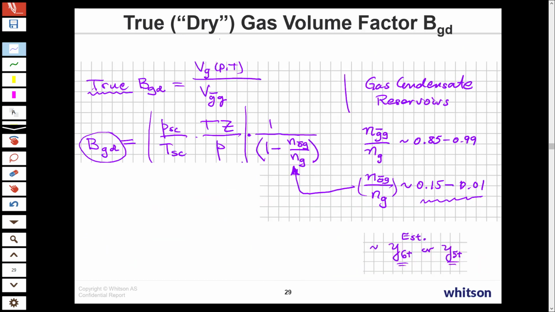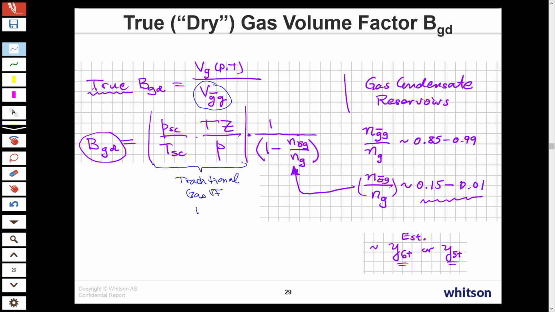Now, what we want to use in our engineering calculation, reservoir simulation, some material balances, certainly pipe flow calculations, is this so-called dry gas formation volume factor, where we're actually using this term here. Well, what you can show is that the equation for this is exactly this term here, which is our traditional gas volume factor.